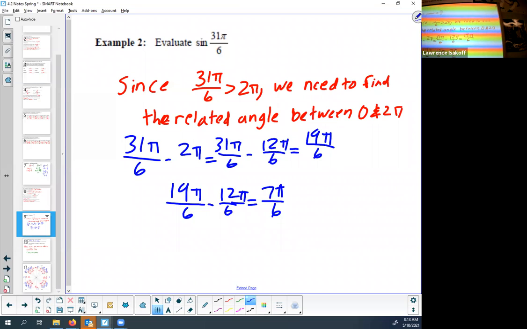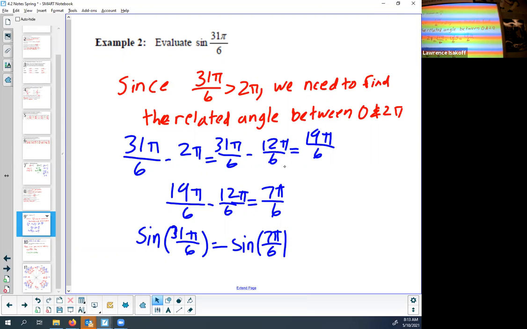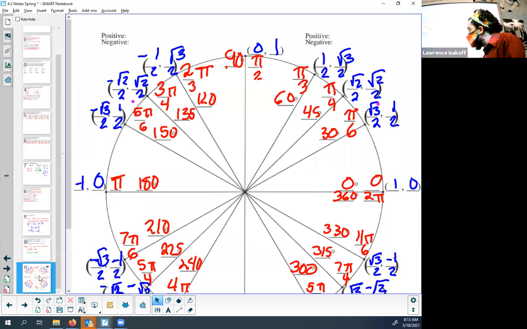Since those are coterminal, I know the sine of 31 pi over 6 is equal to the sine of 7 pi over 6. I know sine corresponds to my y values, so I'm going to look at my unit circle.